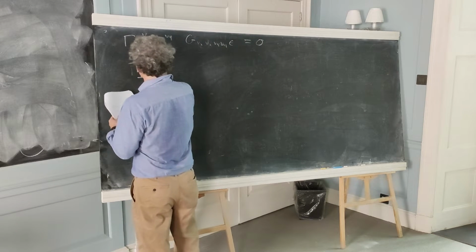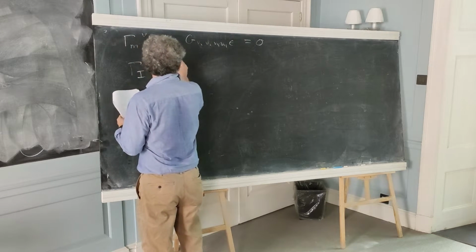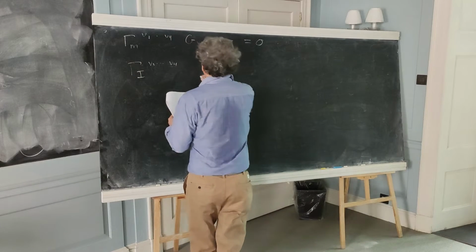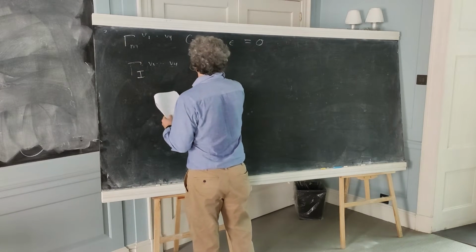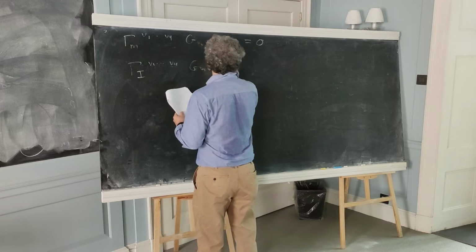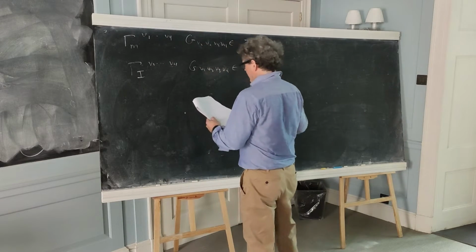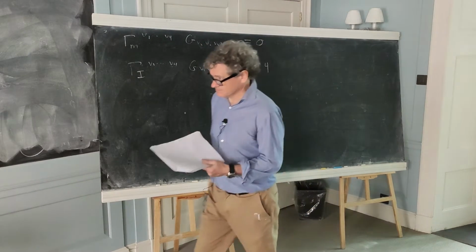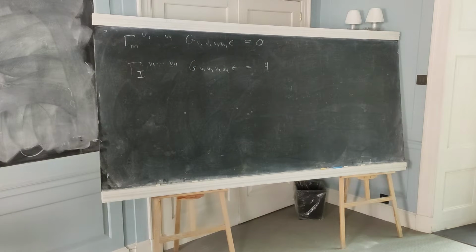Okay, now we put an i. We get a factor of 4 because remember it's over here. The i is in one of the 4 slots, so you get a factor of 4.